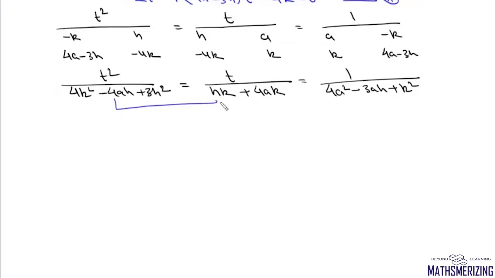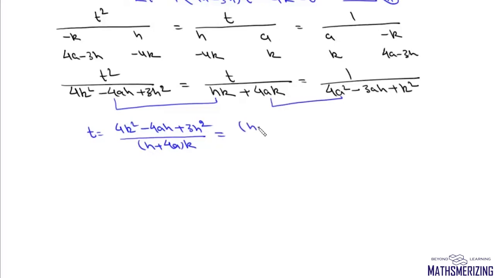Now we'll equate these first two expressions. We'll get t as 4k square minus 4ah plus 3h square upon h plus 4a into k, and from the second and third expression we'll write h plus 4a into k, and this is equal to 4a square minus 3ah plus k square.